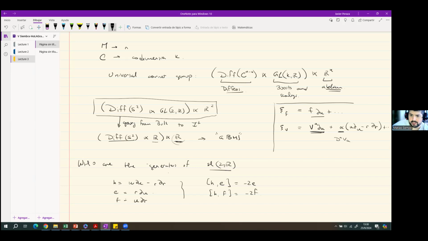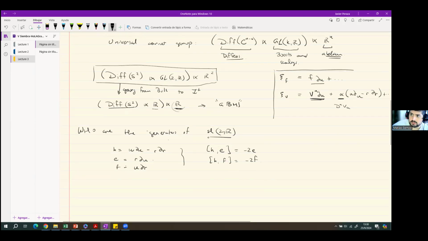So you will get SL2C, but not the extension that is the Virasoro part, right? Just the SL2C. But okay, you have two copies of SL2R, right? In the bulk.